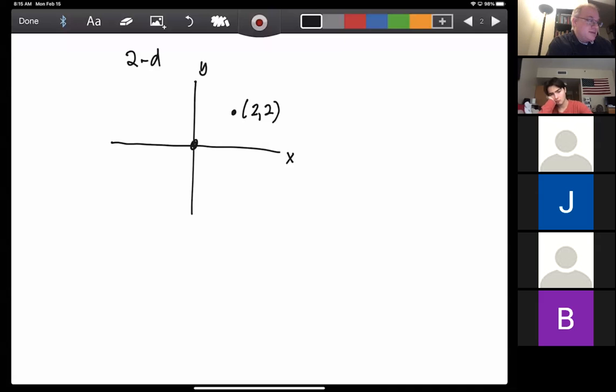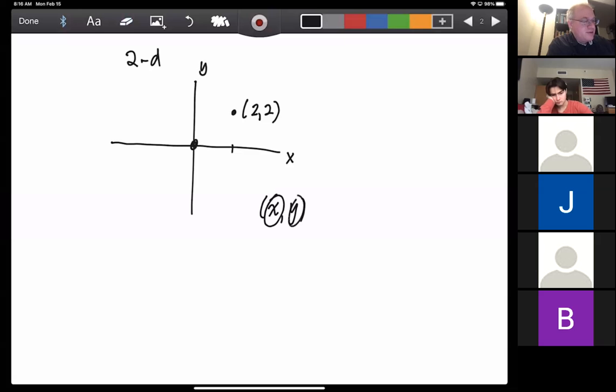So 2D coordinate system, an ordered pair of numbers. That first number is telling you an X location. The second number is telling you a Y location. So the way you want to think about this is, whatever that first number is gives you a location on your X-axis.